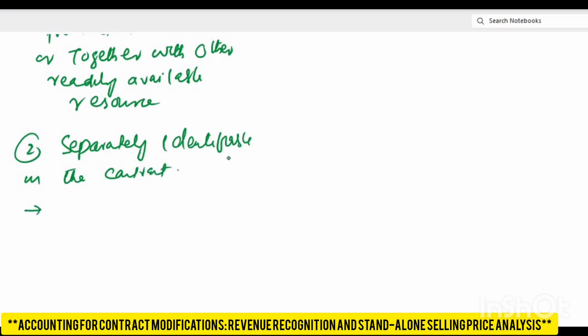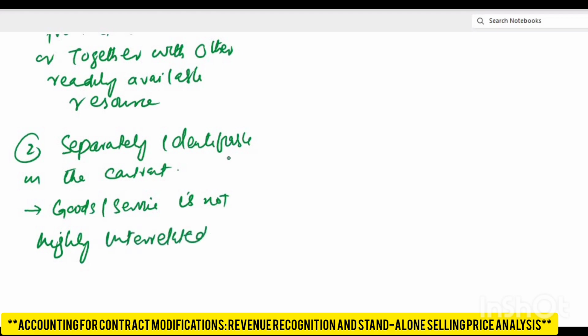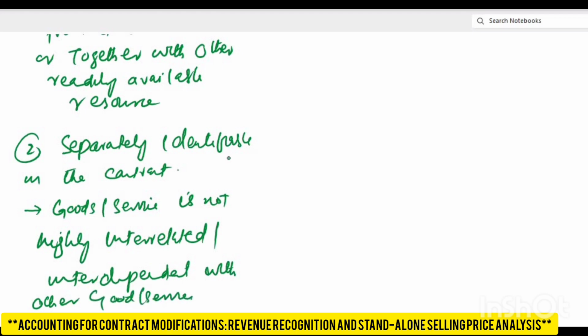It means that the goods or services are not highly interrelated or interdependent with other goods or services in the contract.